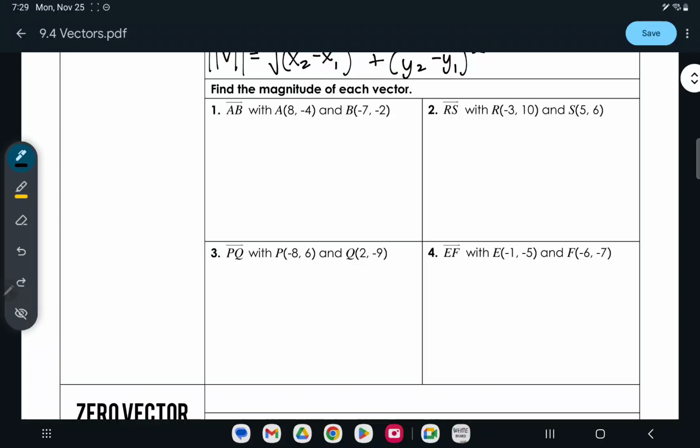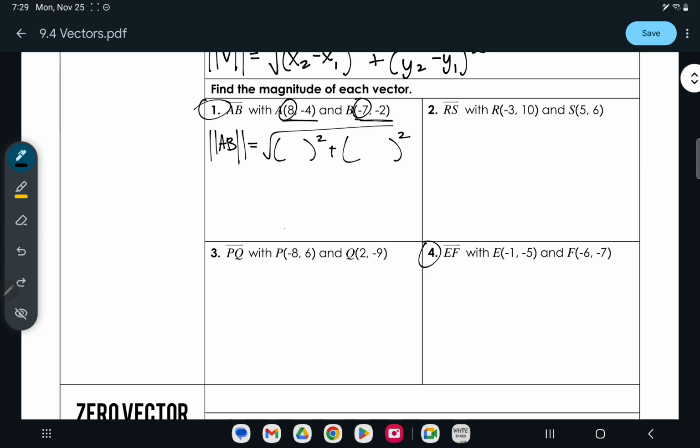I'll just pick two of them. So AB is here and here. So the magnitude of AB is the difference in the x's squared and the difference in the y's squared.